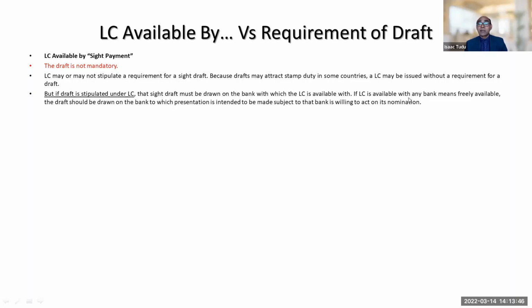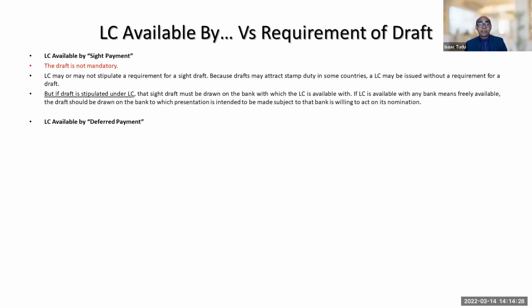If the LC is available with any bank, meaning freely available, the draft should be drawn on the bank to which presentation is intended to be made, subject to that bank being willing to act on its nomination. If the LC is available with the issuing bank, the sight draft is to be drawn on the issuing bank. So this was the case when LC is available by sight payment.